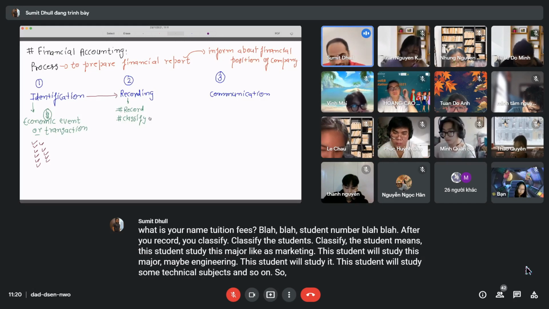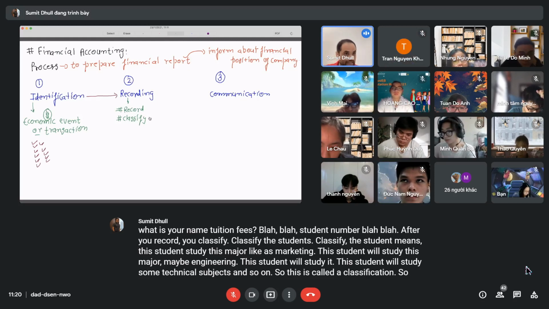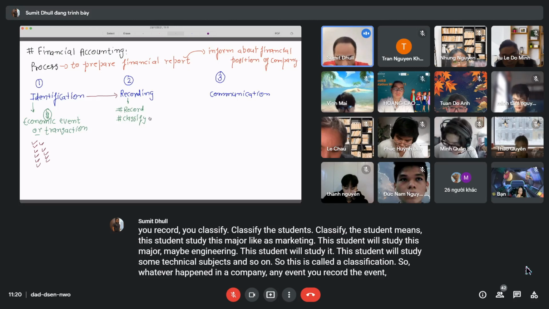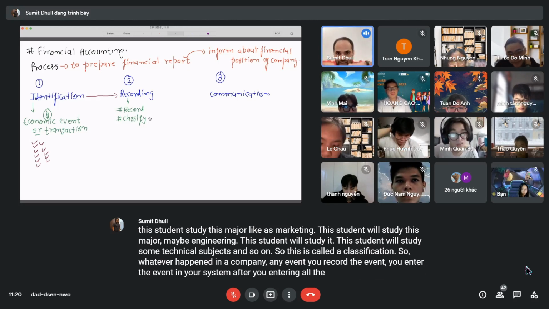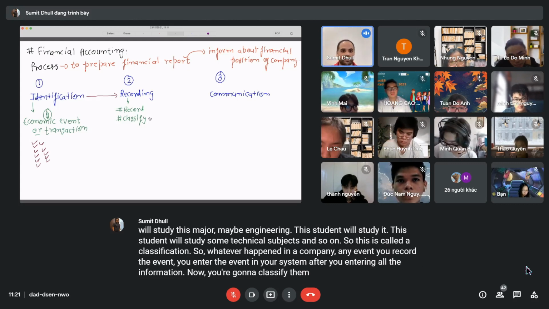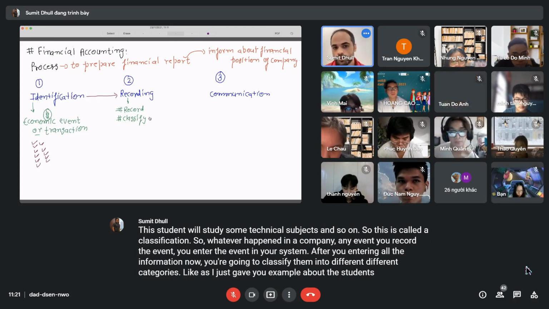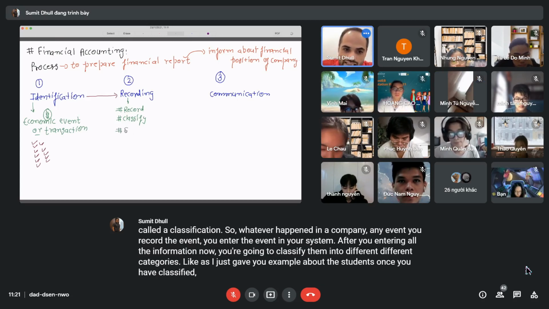So this is called classification. So whatever happens in a company, any event, you record the event, you enter the event in your system. After you enter all the information, now you are going to classify them into different categories, like the example I just gave you about the students. Once you have classified, then you summarize.